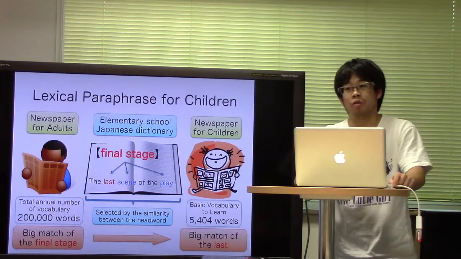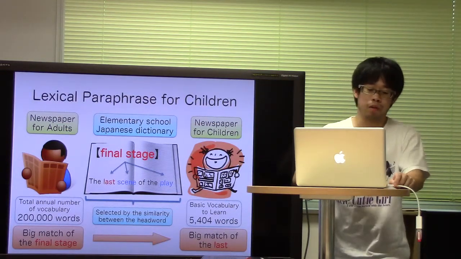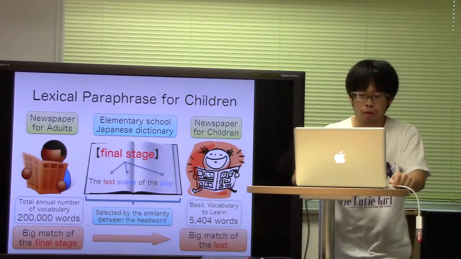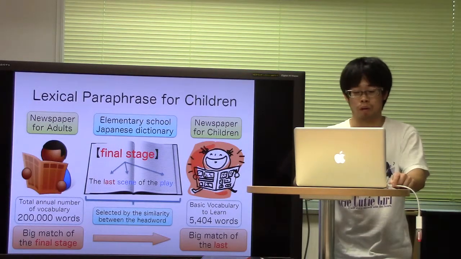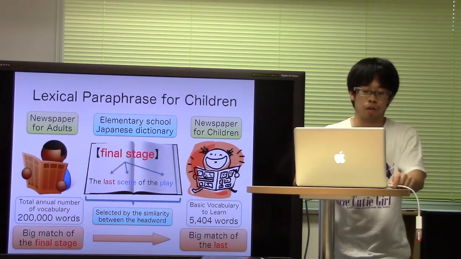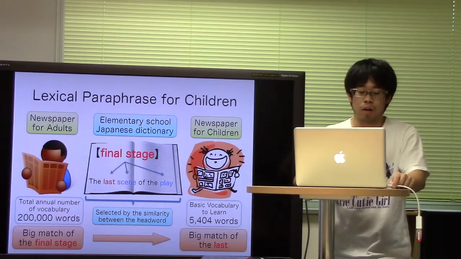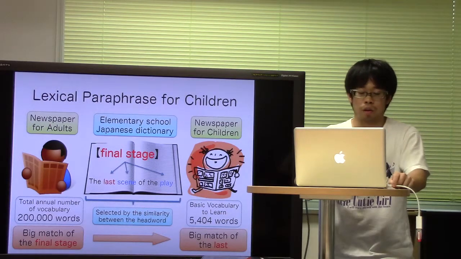The Japanese dictionary is a language resource that provides the definition of a given head word. For example, the dictionary definition of final stage is the last scene of play. We select the last with the highest similarity to the head word as determined using a thesaurus.